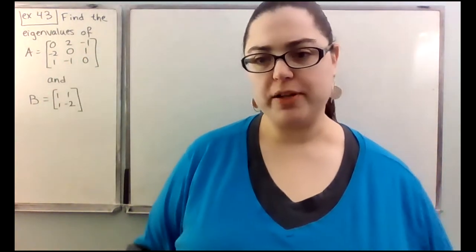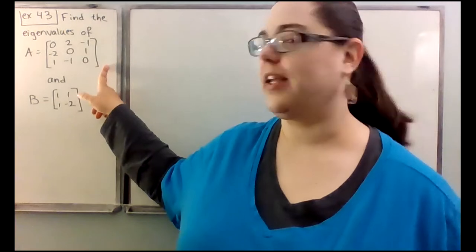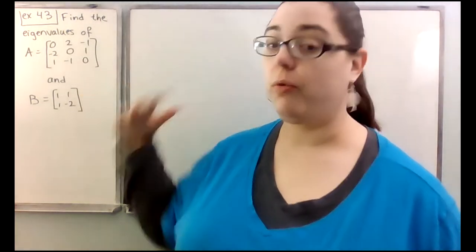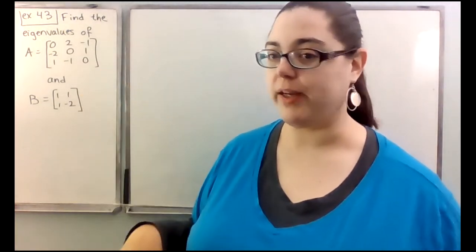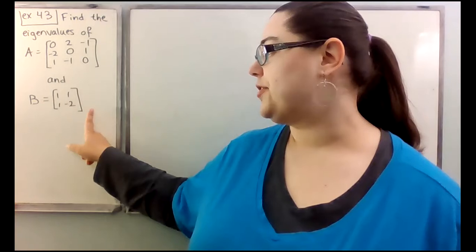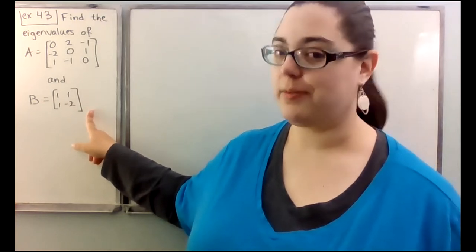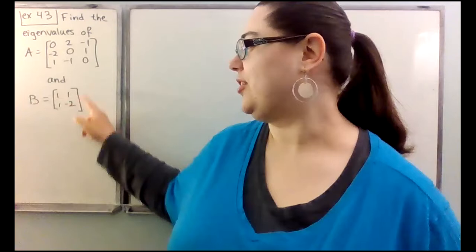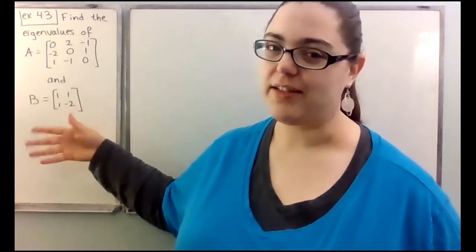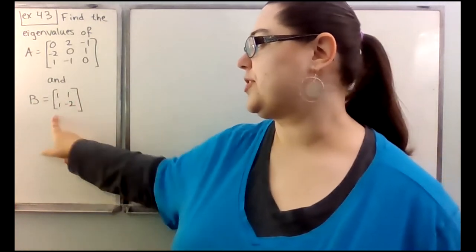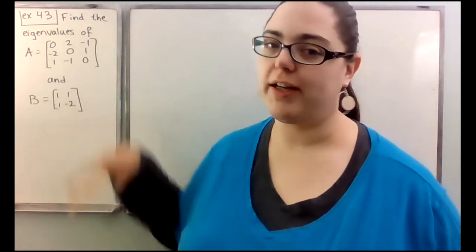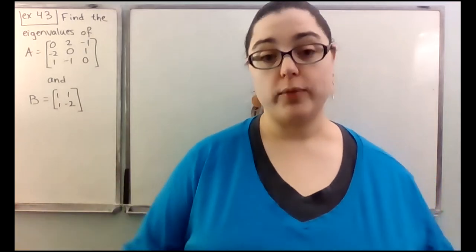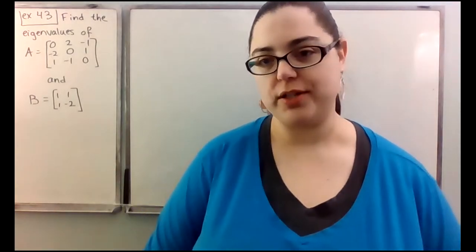So for a skew symmetric matrix, we expect to get eigenvalues that are either 0 or purely imaginary. That's theorem 28. And this matrix B is a symmetric matrix. It's tinier, but if I reflect it along the main diagonal, I get the same thing. So A is A transpose. This is going to be our symmetric matrix, so we're going to expect to get purely real eigenvalues for that matrix.